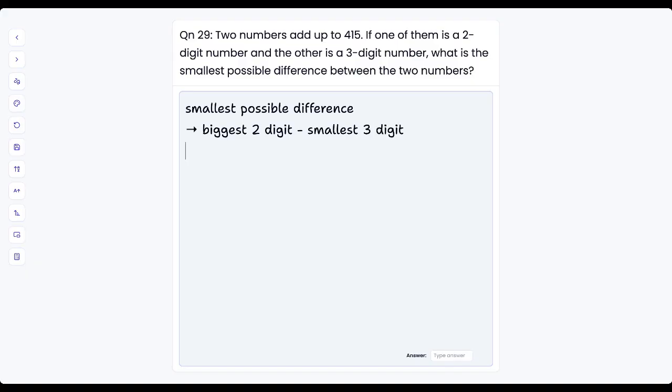So the biggest 2-digit in this case is 99, because we cannot go 200, right? So from here, what is the smallest 3-digit?